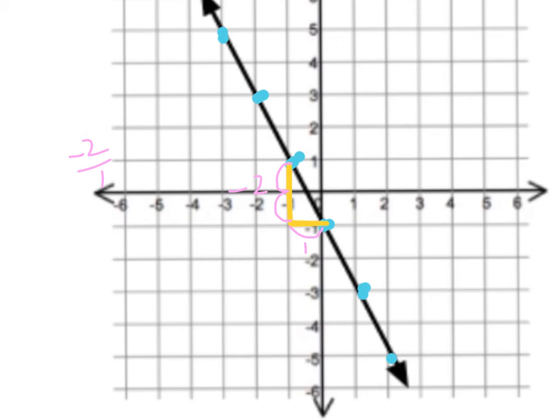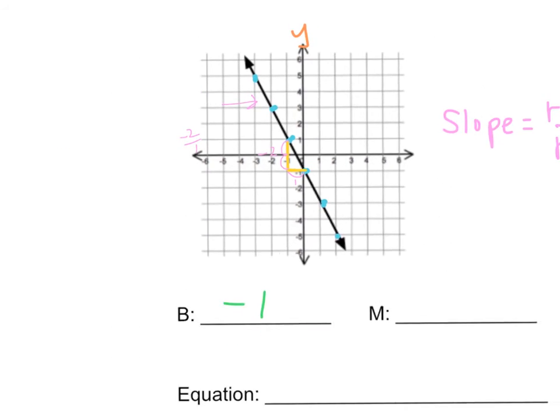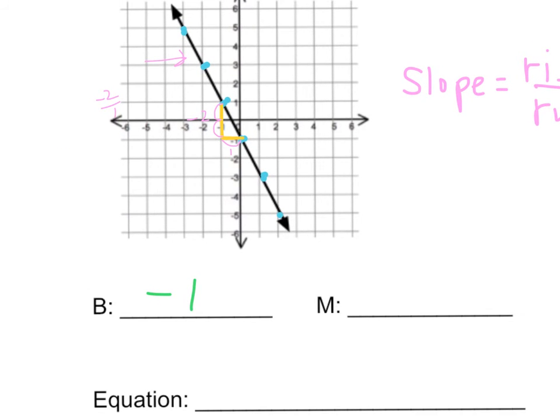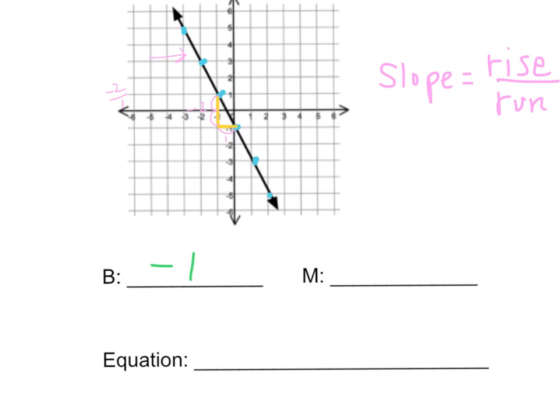I also noticed that the line itself is negative, so that reminds me that I need to have a negative in my answer for slope. Okay, so I got -2 over 1. I could simplify this and just say it's -2, but it's okay to have slope as a fraction. We actually prefer that.